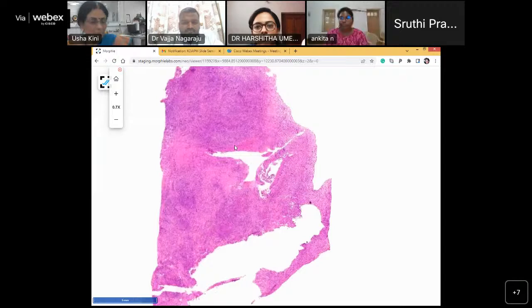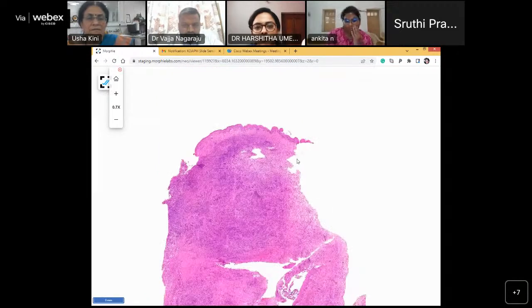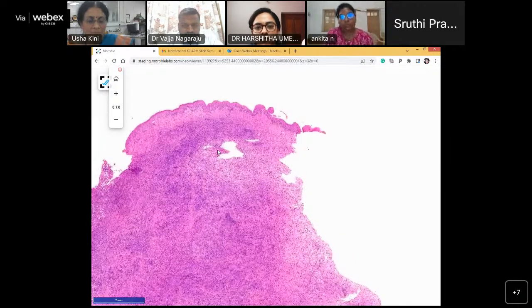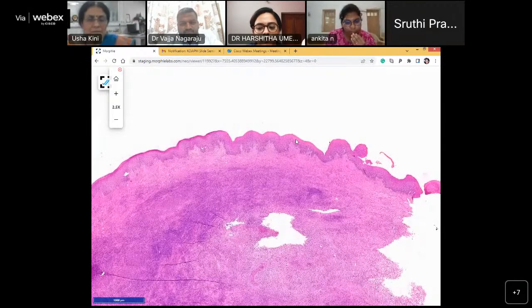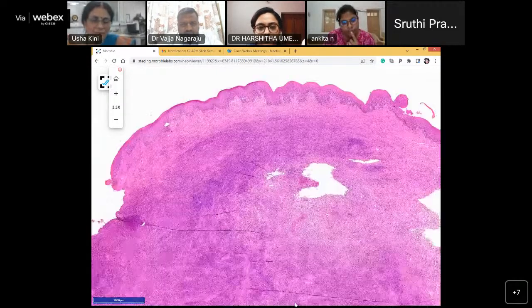So this is the epithelium, right? This is stratified squamous epithelium. You're right, Ankita? That's what you meant? Yes, ma'am. So the lesion is situated deep within, right?